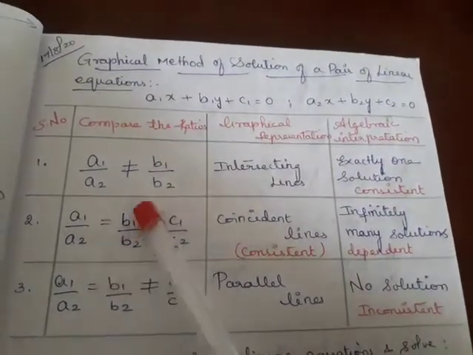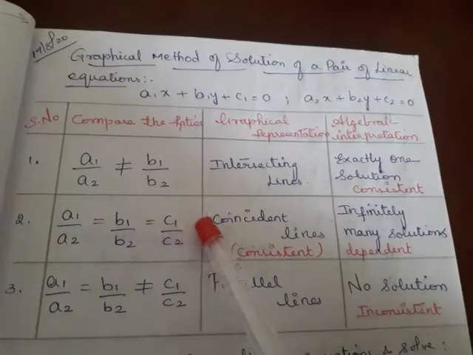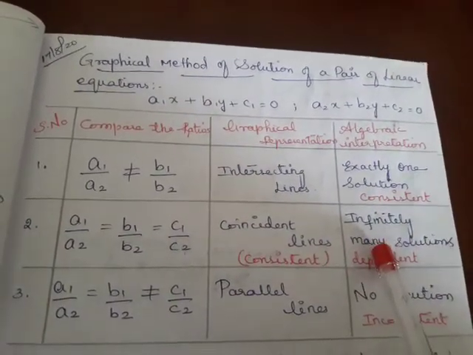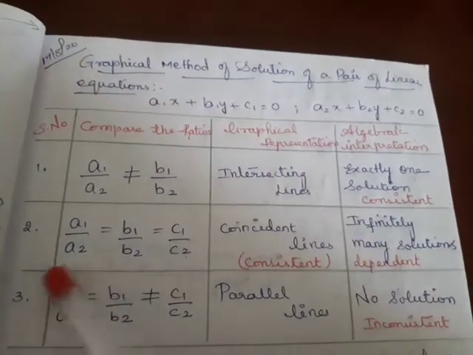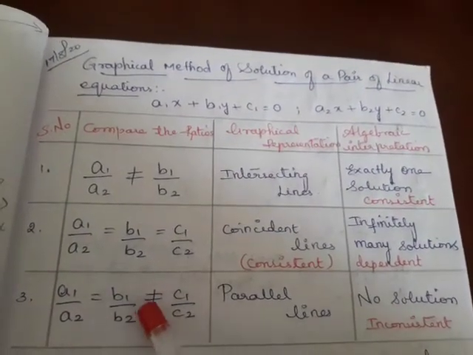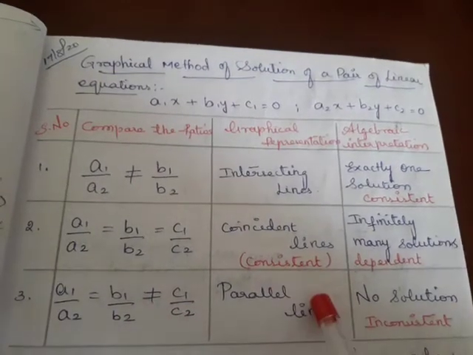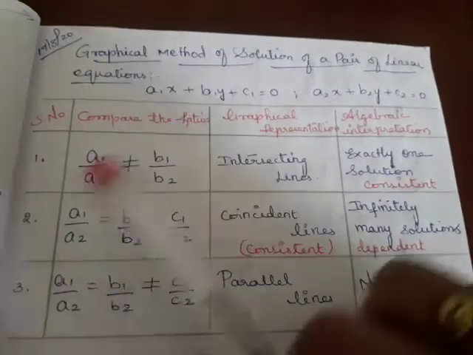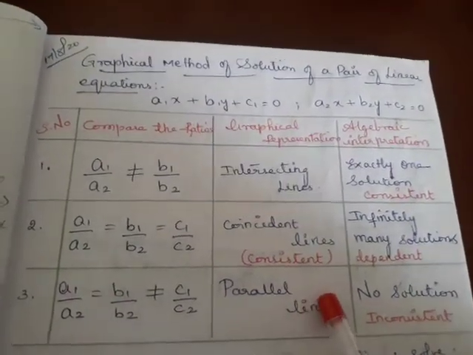If all the three ratios are equal, then they are coincident lines and they have infinitely many solutions. If the ratios of the coefficients of x and y are equal but the constant alone is different, then they are parallel lines and they don't have any solution. You should remember this, you should not forget, right?